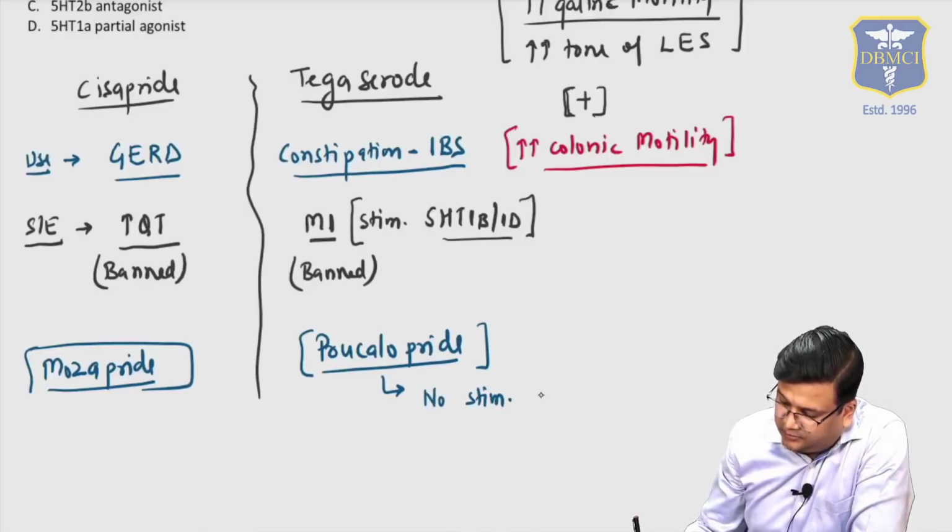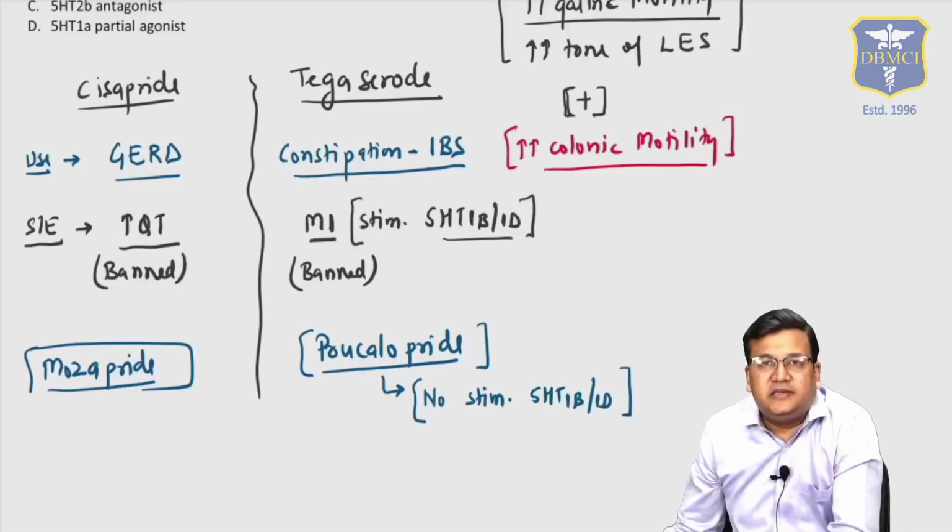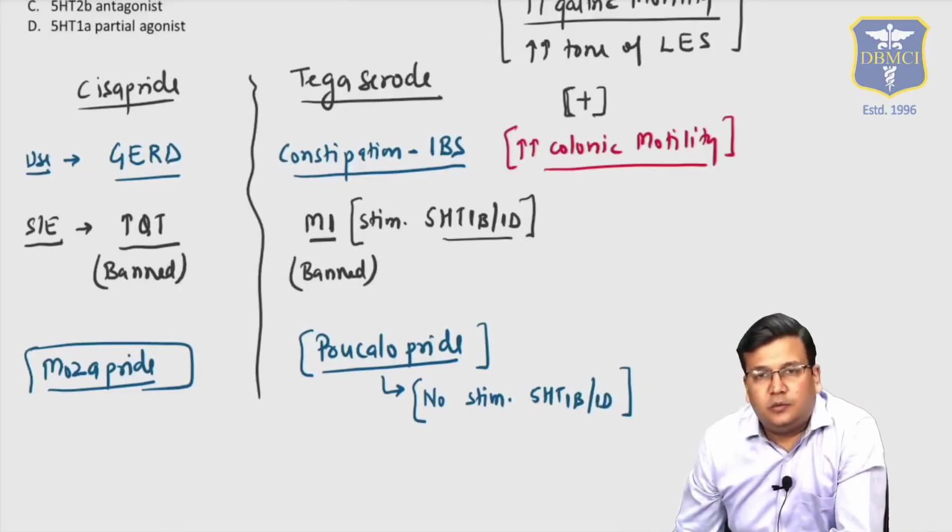It does not stimulate 5-HT1B or 1D. So therefore this problem of MI or ischemic heart disease does not exist with prucalopride.